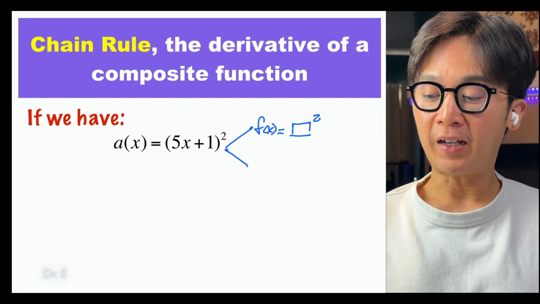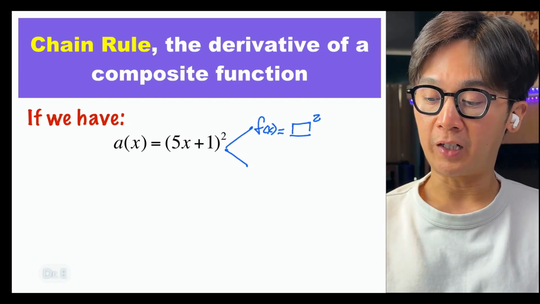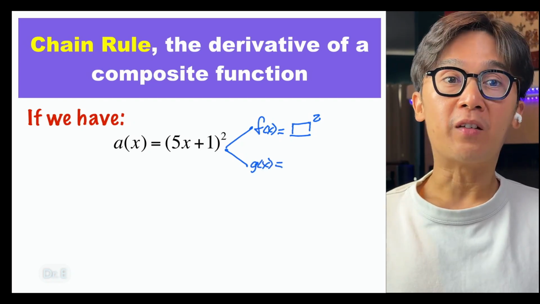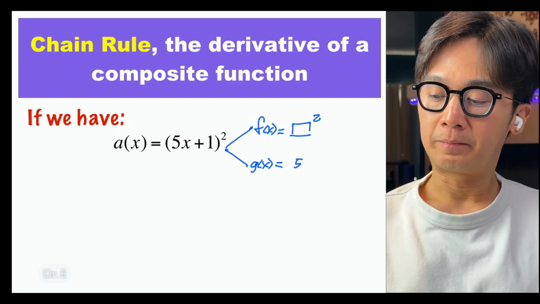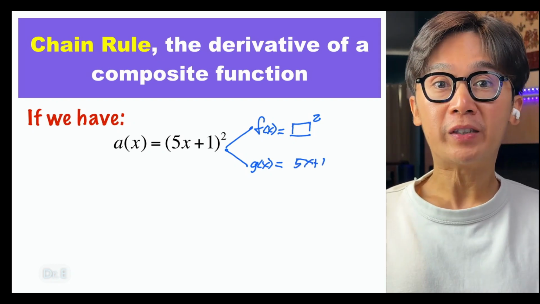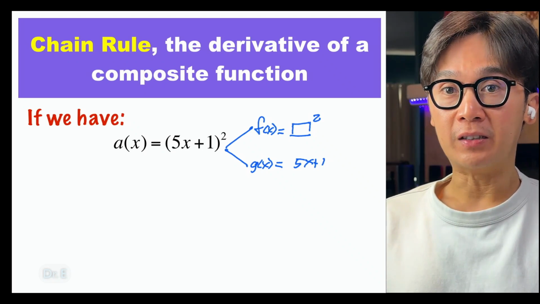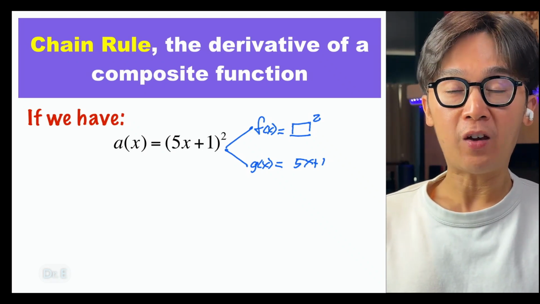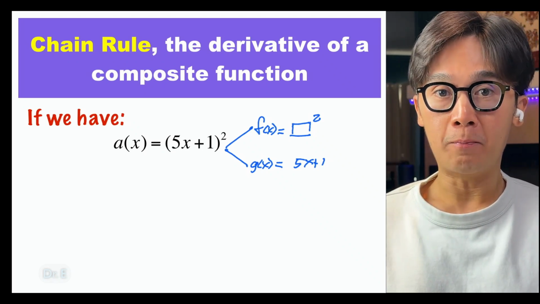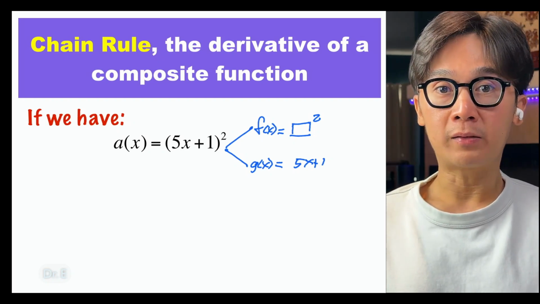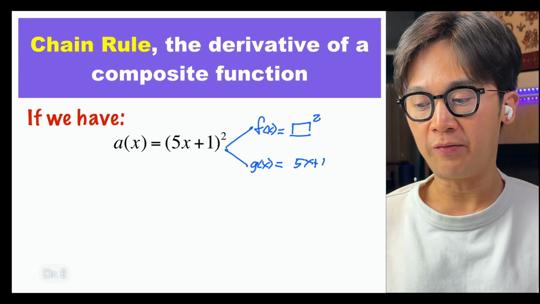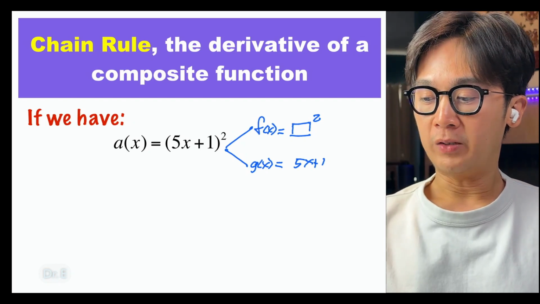And our g of x, or our secondary function, would be the function inside the parentheses, which is 5x plus 1. So now you're seeing two functions, f of x and g of x. a of x is actually a composite function, wherein the main function is box squared or parentheses squared, and g of x is 5x plus 1.